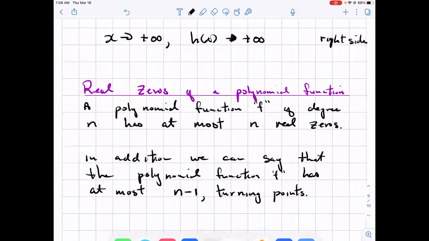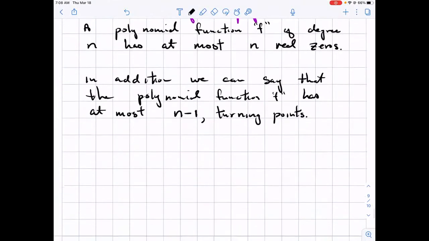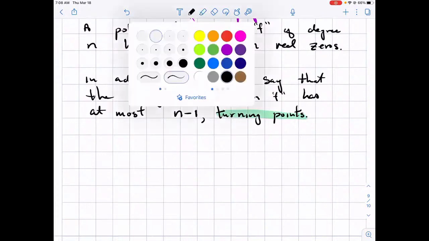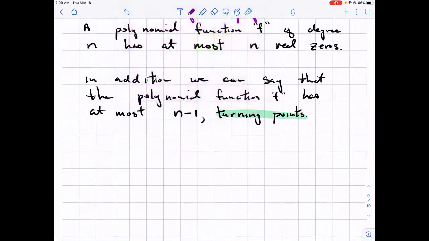And please note that a turning point is what we call a relative minimum or a relative maximum.